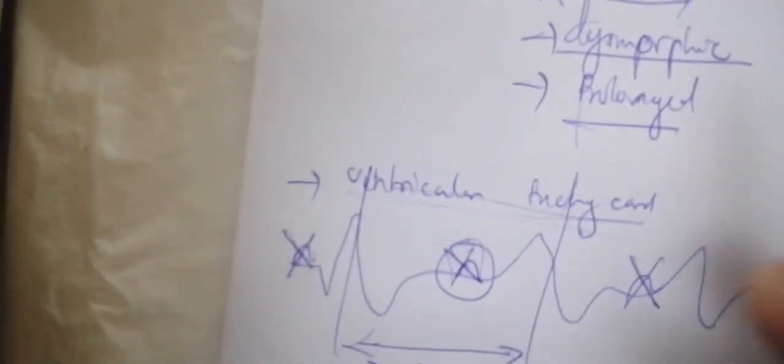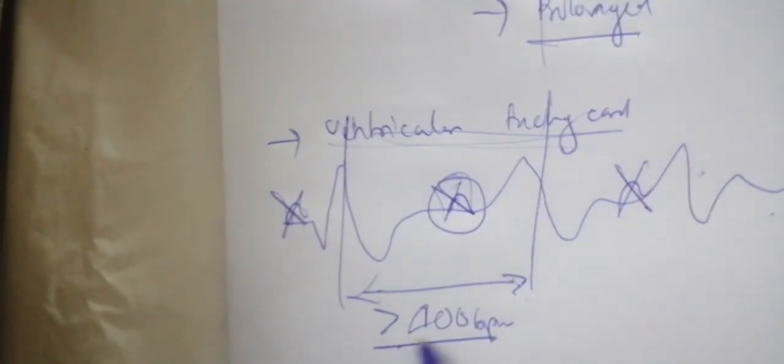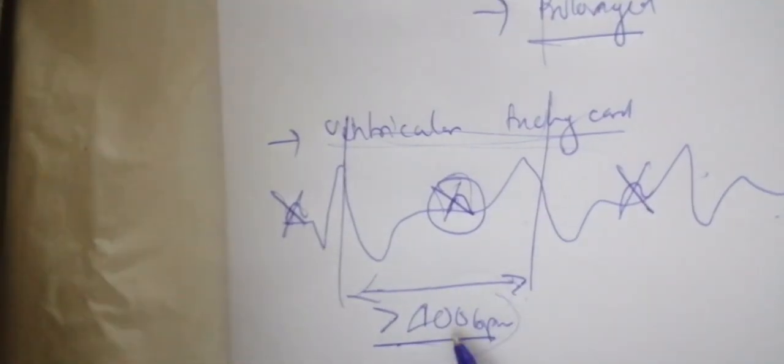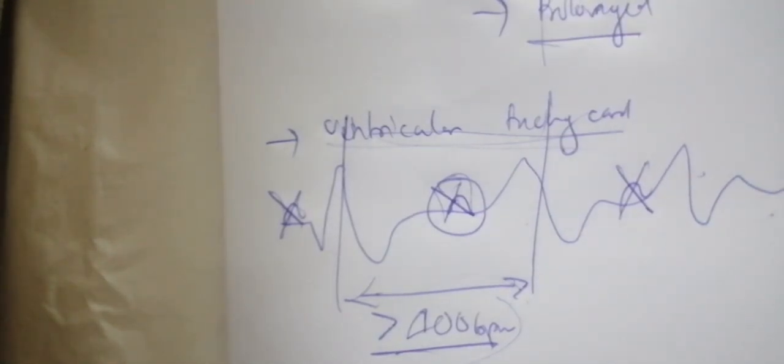Now, the next thing is, in a case where you have dysmorphic QRS complexes throughout, but it is not tachycardic and is instead bradycardic, it means that you instead have an abnormality of the sinoatrial node. It's another form of sick sinus syndrome, where there is already an ectopic focus.